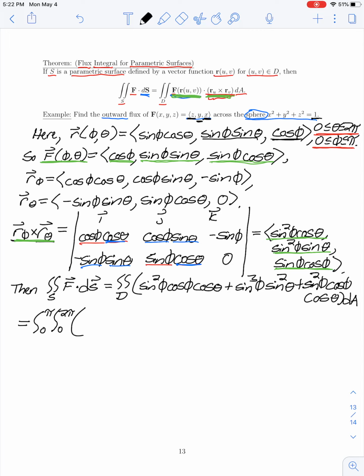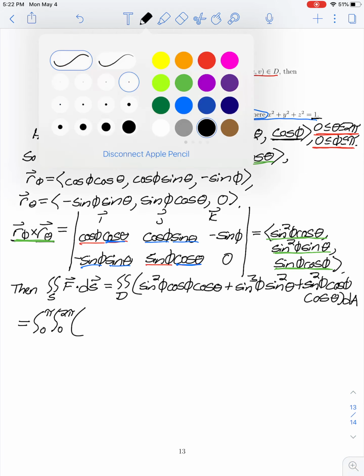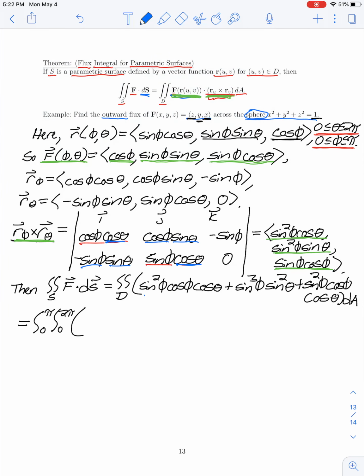So combining some like terms, our first term, sine squared phi cosine theta, and our last term, sine squared phi cosine theta, are the same.